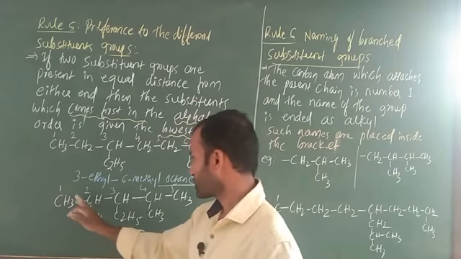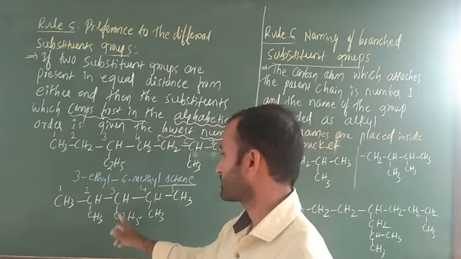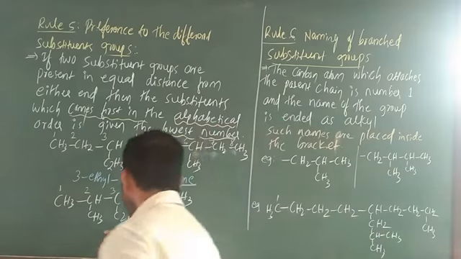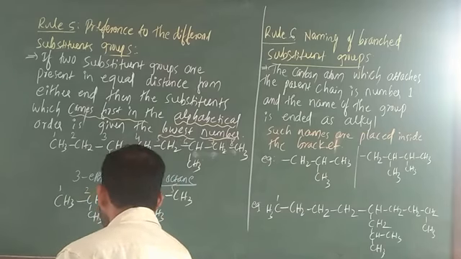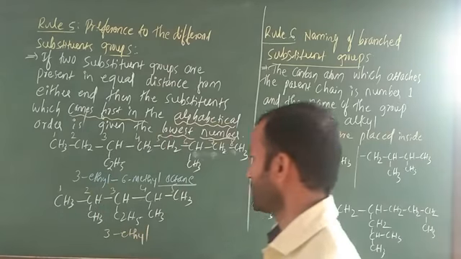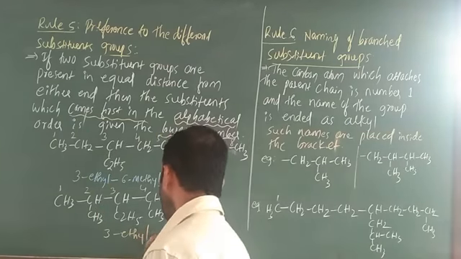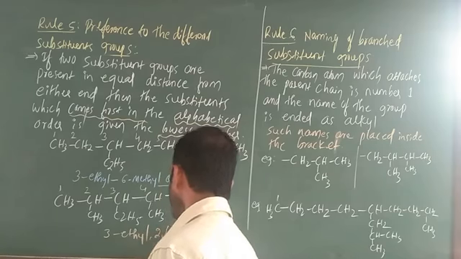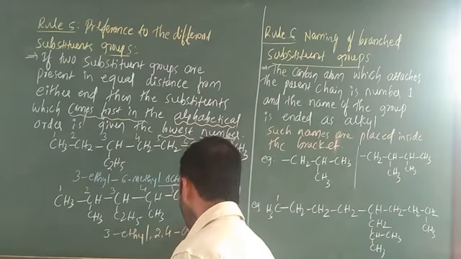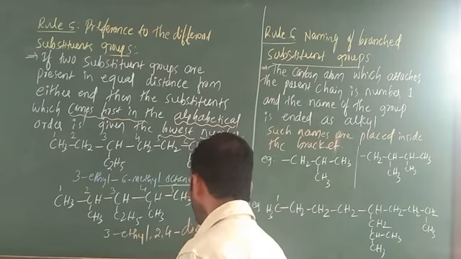That is why in this case the IUPAC nomenclature, 3 ethyl you have to mention first, 3 ethyl, okay. No problem, one matter is closed. Next after that 2, 4, just make a comma, 2, 4 dimethyl.